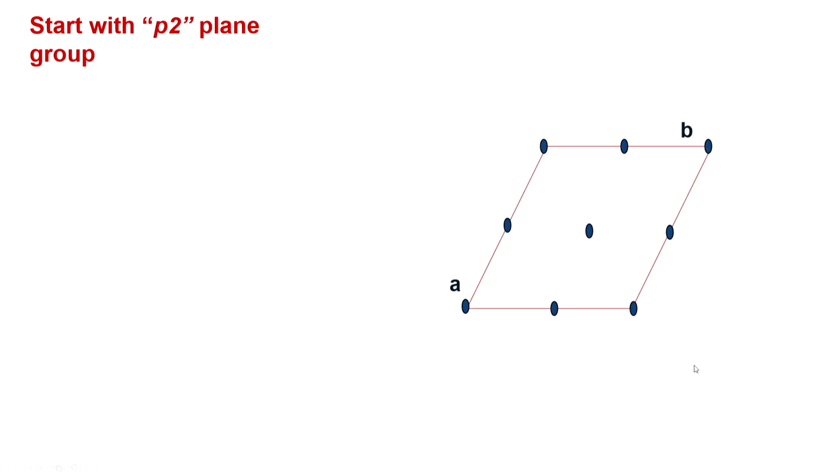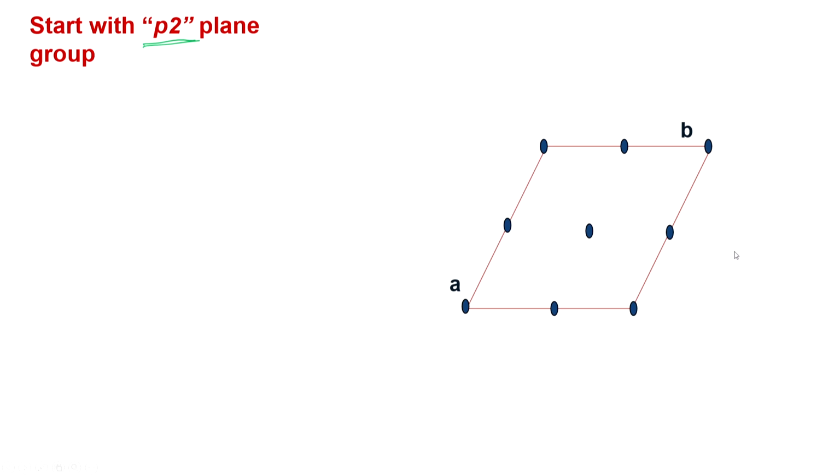Now, let us take another example. This time we are taking an oblique lattice with the point group 2, and this is what the P2 plane group is all about. So, all I have drawn out here is the plane group P2 with the two-fold symmetries distributed in the manner shown, at the corners, in the centers of the edges and in the center of the cell.